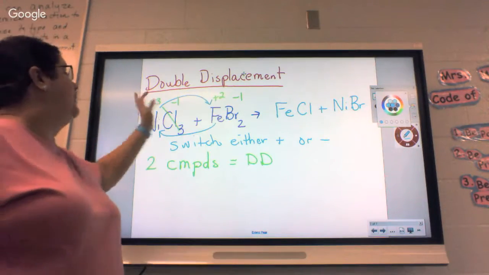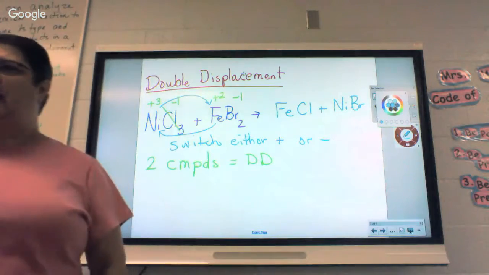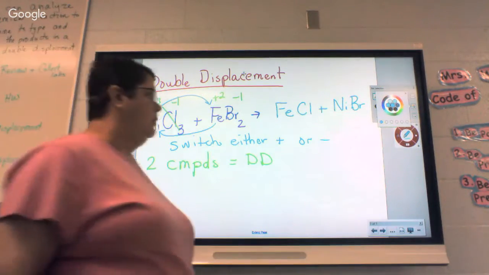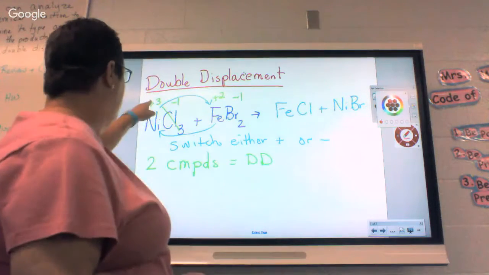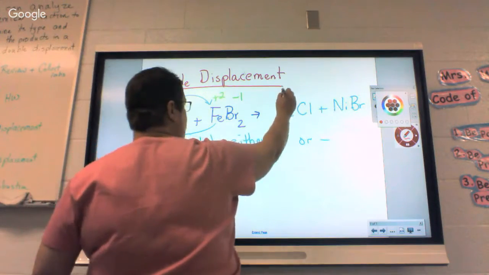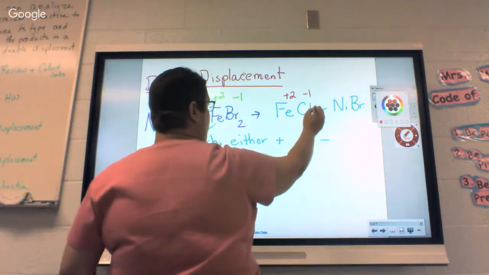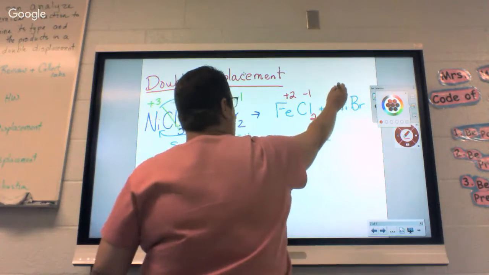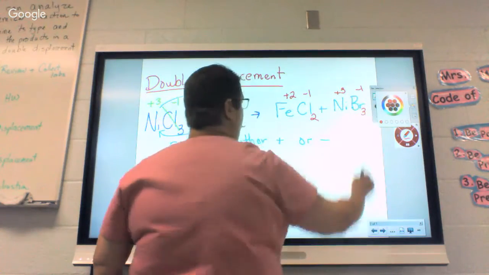Now, since there are no polyatomic ions, do any of those numbers come across the arrow? No. So then, my oxidation numbers: Fe has a +2 because I didn't erase them. They're still right there. Chlorine's a -1, crisscross. Nickel's a +3, bromine's a -1, and bring them down.